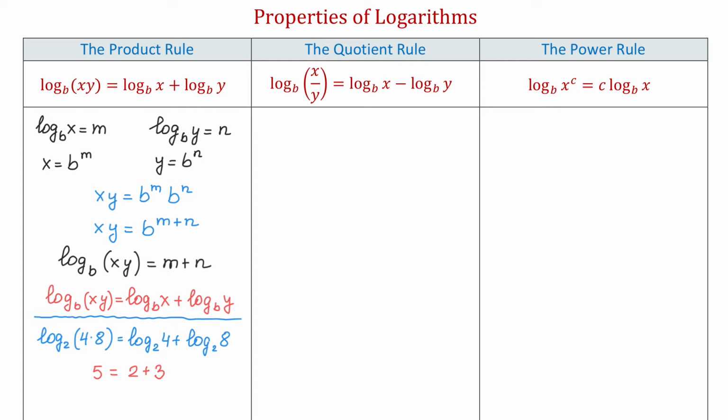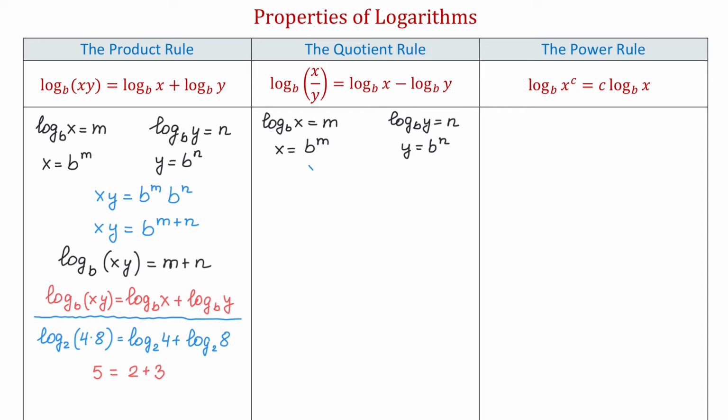To understand this, let again log base b of x equal m and log base b of y equal n. Then let's write each of these equations in exponential form, and that will be x equals b to the m's power and y equals b to the n's power.